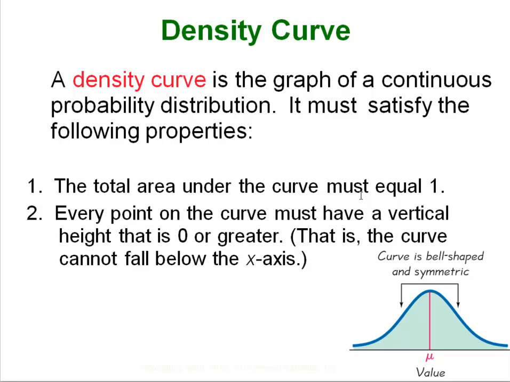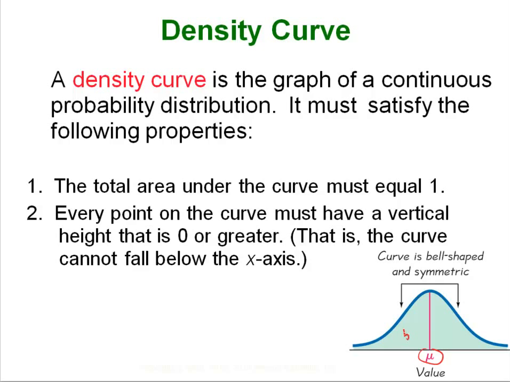The total area under the curve must equal 1, just like with our probability distributions, where all of the probabilities have to add up to 1. So all the area under those bars had to add up to 1. Now all the area under the curve has to add up to 1. So if the mean, mu here, is right there in the middle, then how much area is to the left of that?